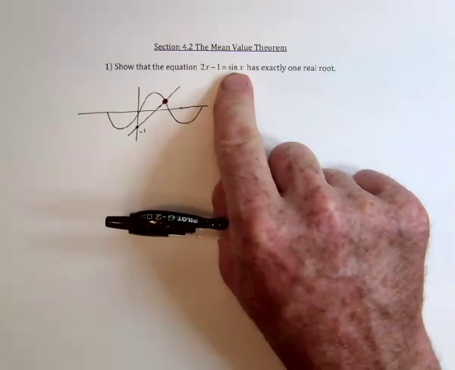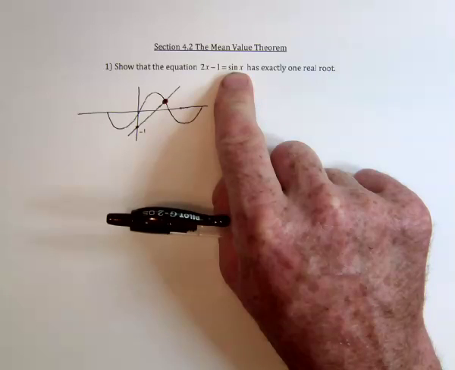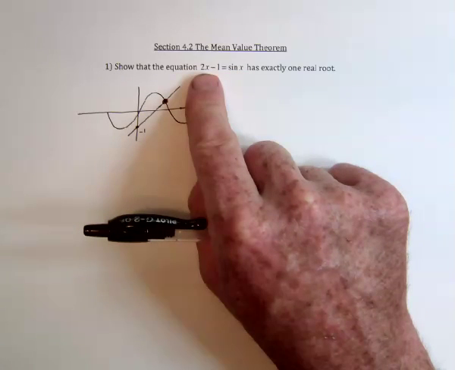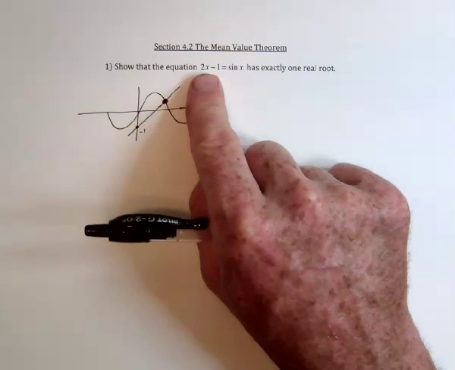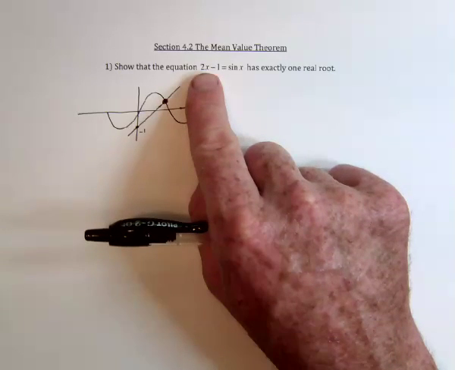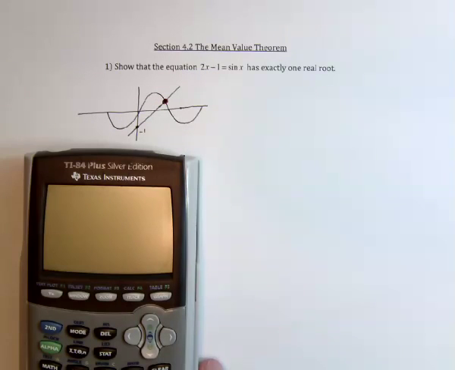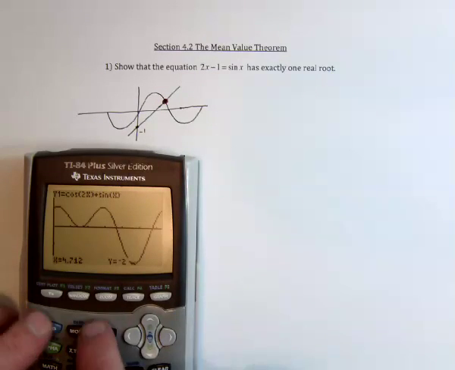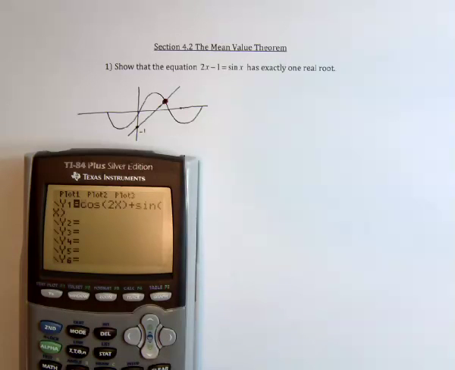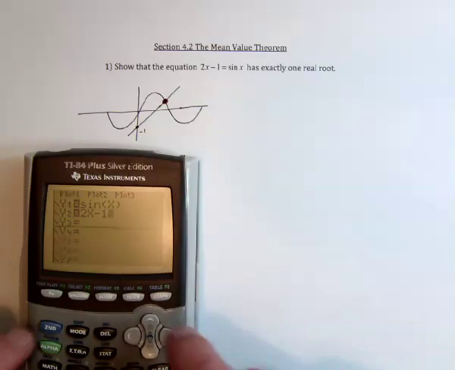Since this is a trig function versus an algebraic function, we don't have any exact methods to solve for x. We can show that there is one solution. So graph the sine of x and graph 2x minus 1.